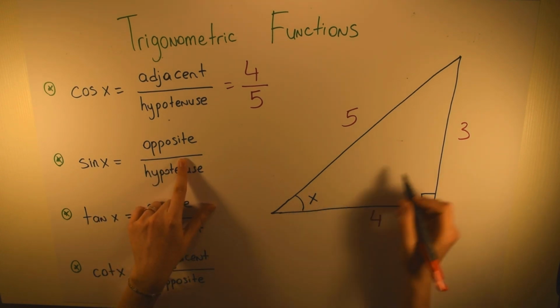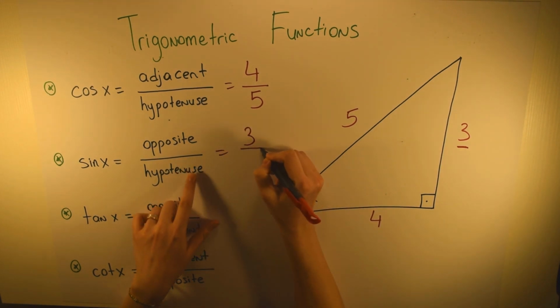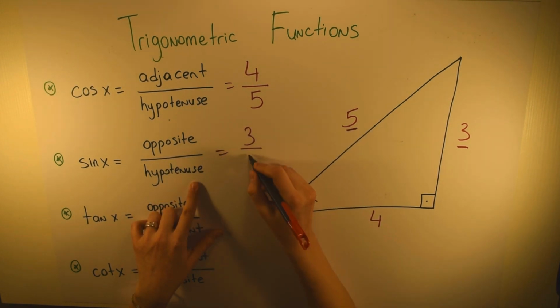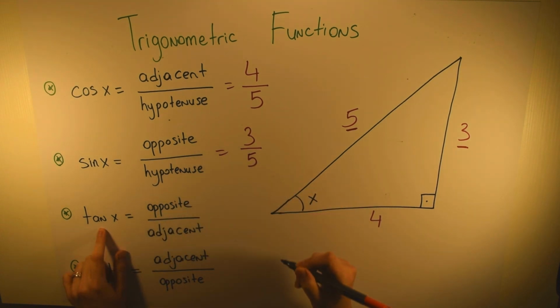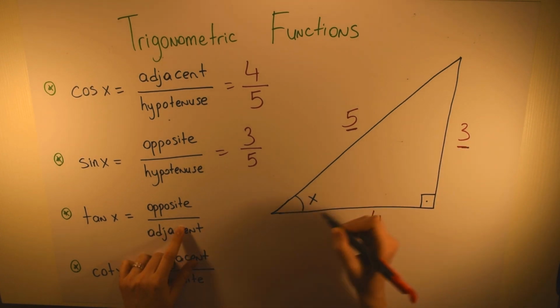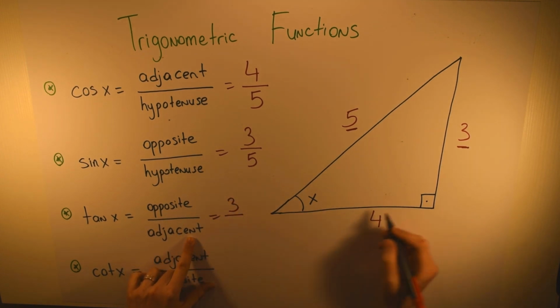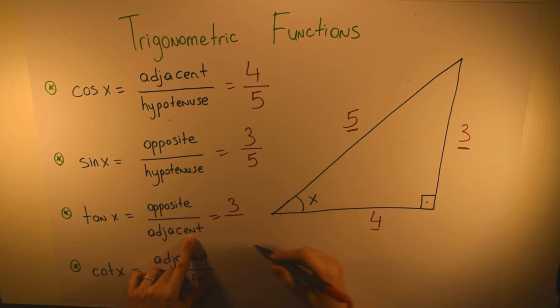So our opposite side is 3 over our hypotenuse 5. So when we look at our tangent x, it's equal to opposite side over adjacent side. So our opposite side is 3 over our adjacent side, which is 4.